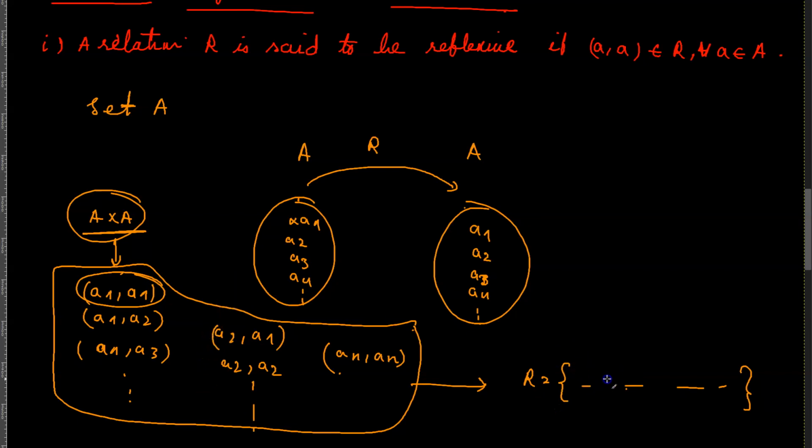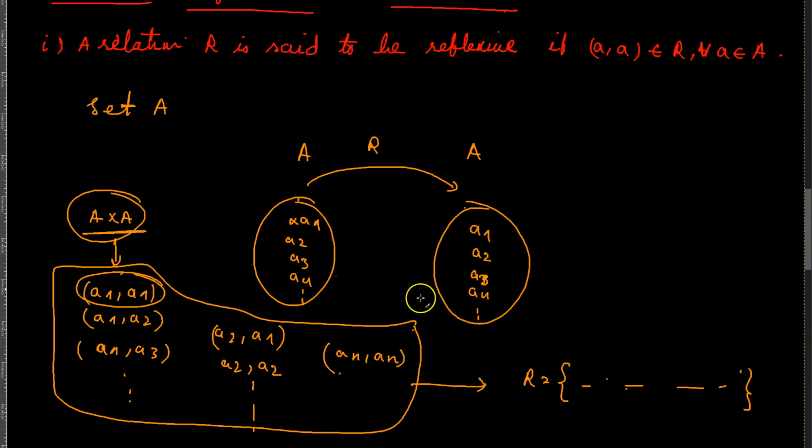Now, if in this R, (a, a) exists for every a belonging to A, let me correct my statement here.